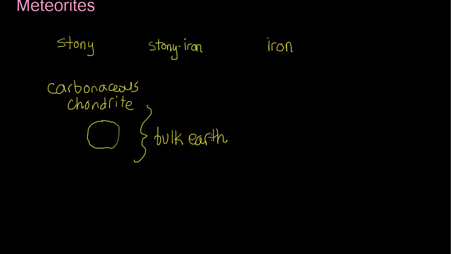And so they're very useful for looking at the total amount of the elements that must exist in the total Earth. For example, the iron. The iron is obvious, it's in a carbonaceous chondrite. There's a lot of iron in a carbonaceous chondrite. Well, it's not in the crust and it's not in the mantle, and so we can conclude therefore that it has to be in the core because the bulk Earth must have a composition similar to those of carbonaceous chondrites.